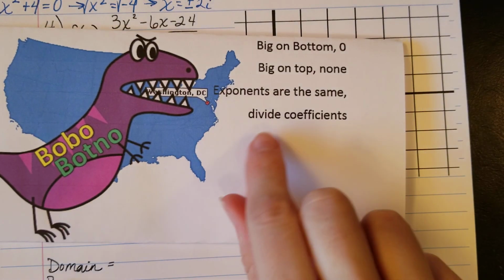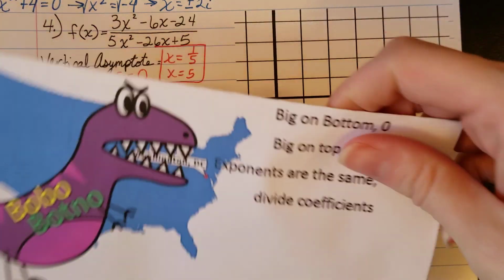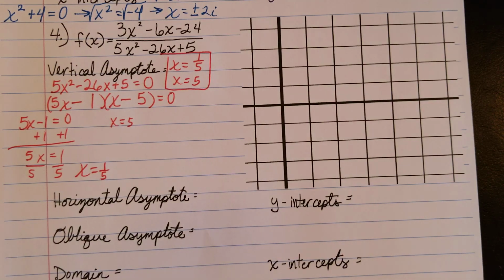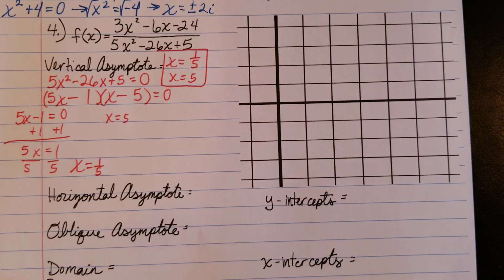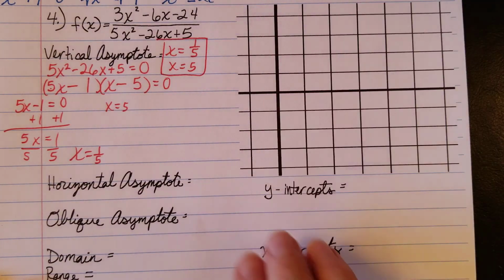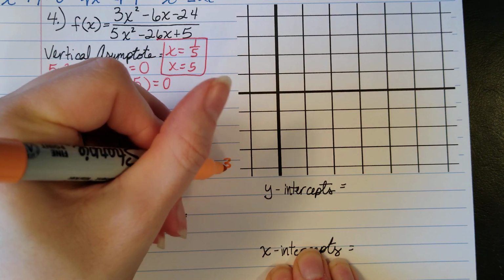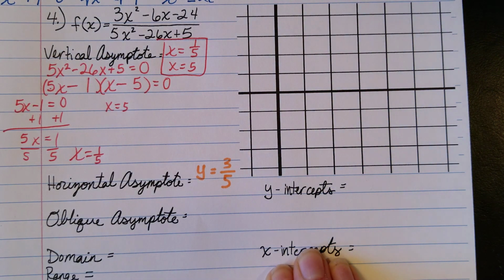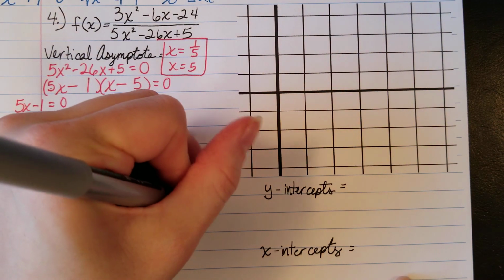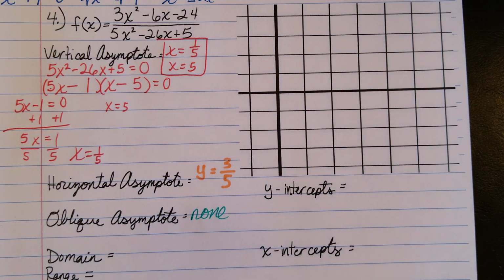So that would be exponents are the same, divide coefficients. So that's going to be y equals 3/5. Which means there's no oblique asymptote. So if there's a horizontal, there is not an oblique.